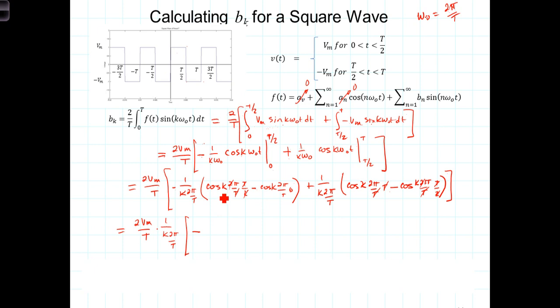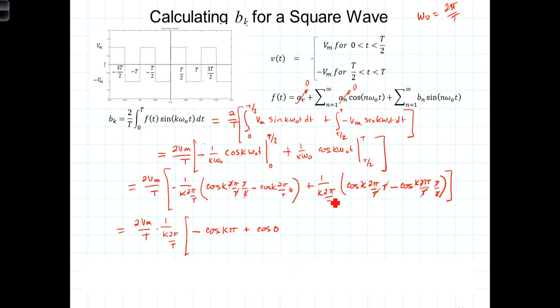Well, what's left here is cosine of k pi. So it'll be a minus cosine of k pi. Then I've got this minus multiplying that minus, which gives me a plus the cosine of 0.